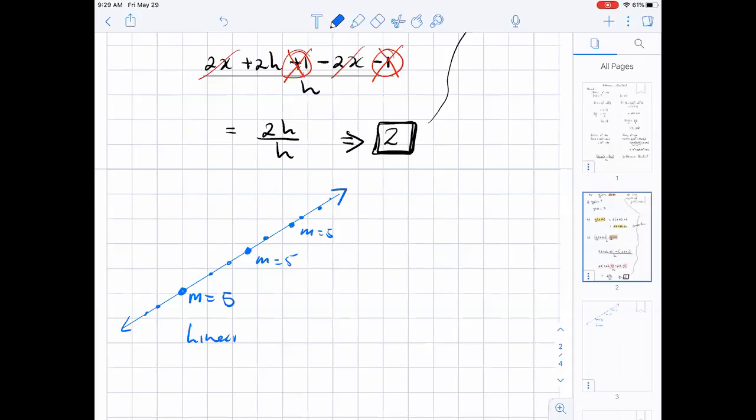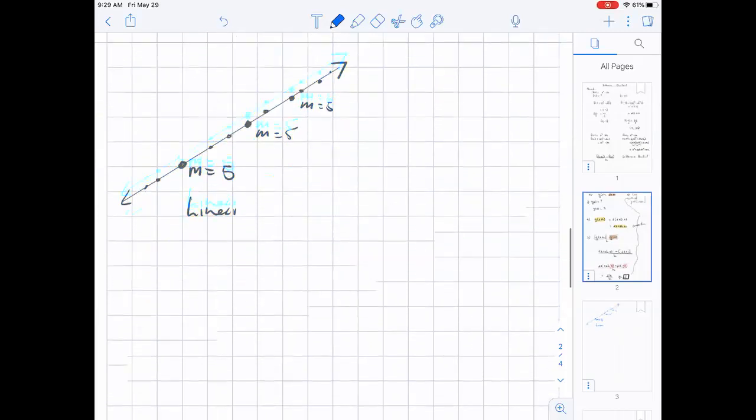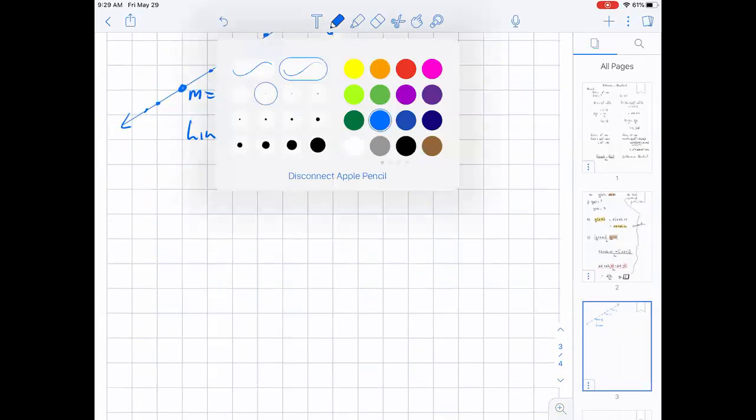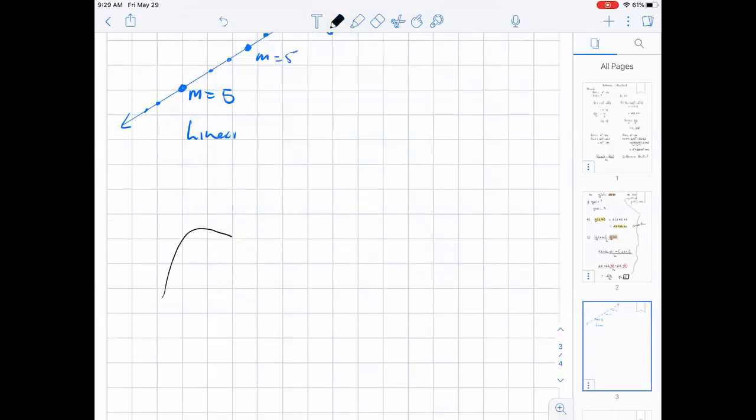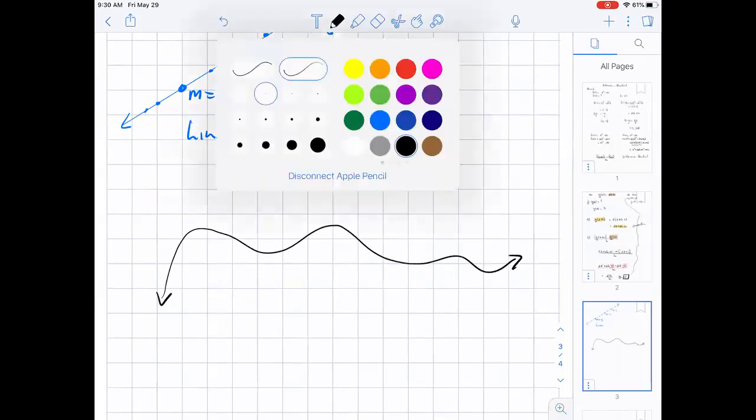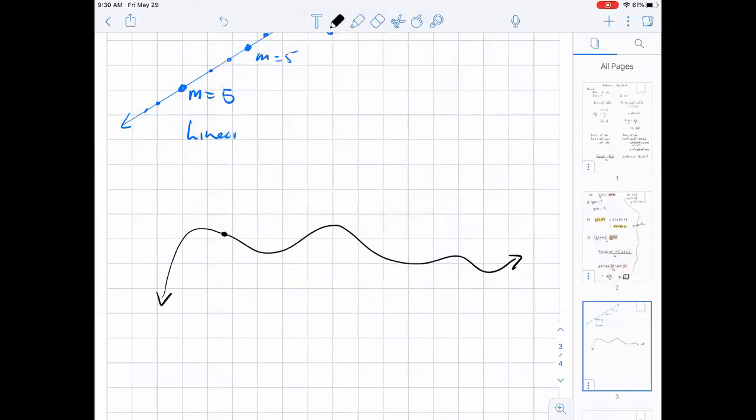Okay? So that's it for linear. Now, when it's nonlinear, meaning some curve, I don't care what it is, look at this. Remember, slope tells steepness. If you had to guess just by sign, what would you tell me the slope of that dark line there is, positive or negative?